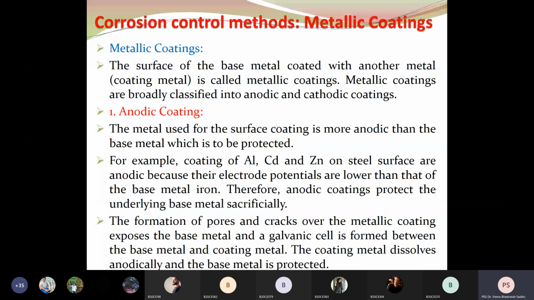So there will be a formation of pores and cracks on the top of the film which you coat on the metal surface. So with this galvanic cell formation, it protects the base metal.